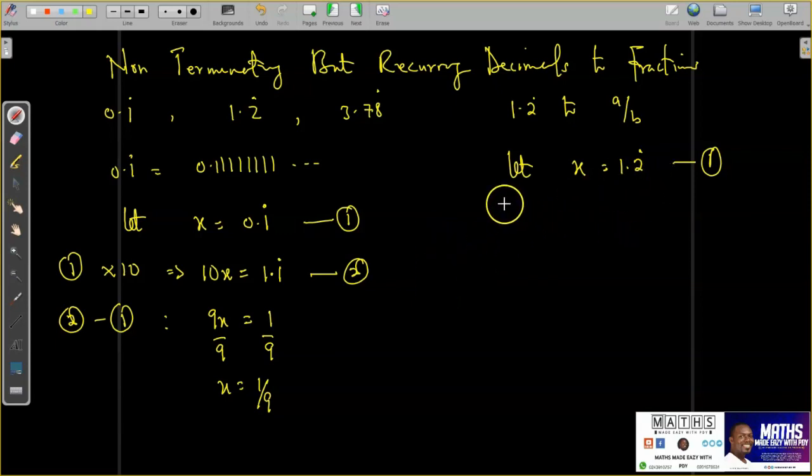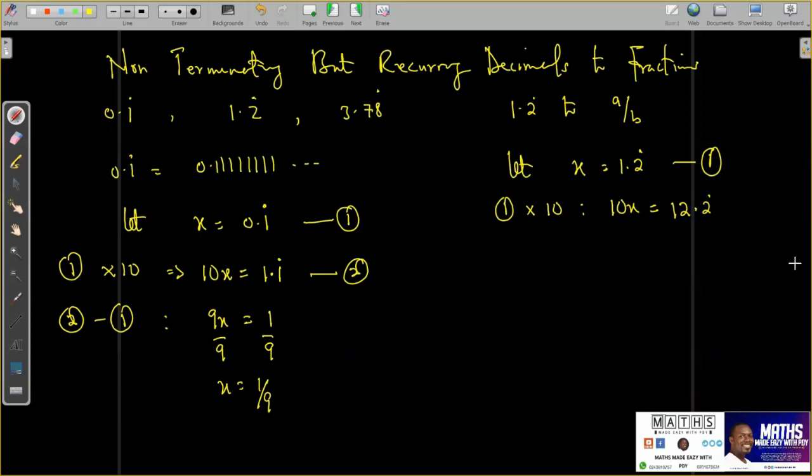So we have equation 1 multiplied through by 10, and x becomes 10x. When you multiply 1.2 recurring by 10, what do you obtain? 12.2 recurring. That is wonderful.